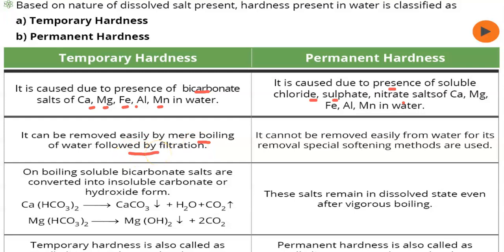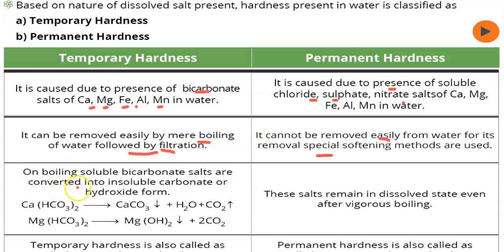When we boil the water, the dissolved salts responsible for temporary hardness get converted into insoluble salts, and if they are water insoluble, they can simply be removed by filtration. Permanent hardness cannot be easily removed from water by simple boiling. For that, we will need special techniques, which we'll see further.